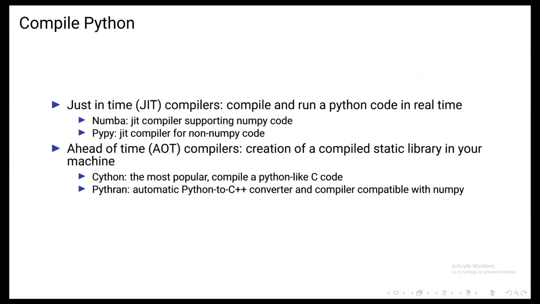The main drawback of PyPy in the area that we are interested in is that it's not compatible with NumPy or SciPy. If your code calls NumPy and makes use of NumPy arrays, PyPy will crash and won't be able to do anything at all. But for very pure Python code, it can compile it and run it.